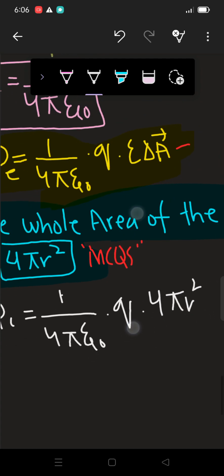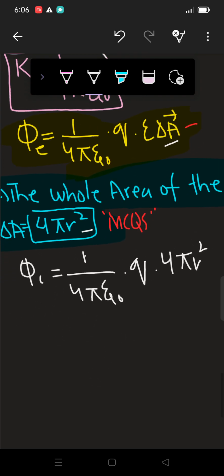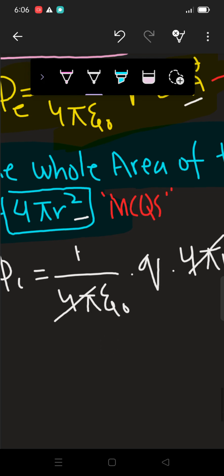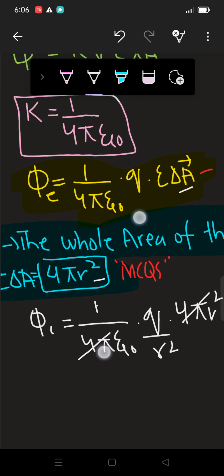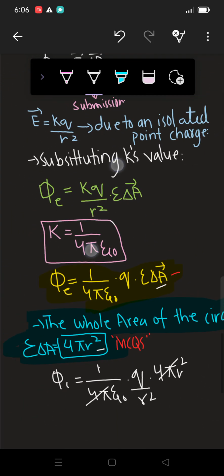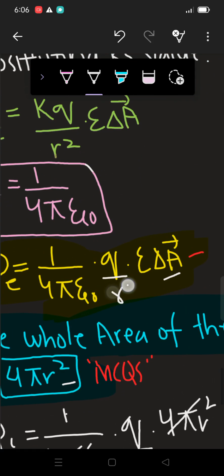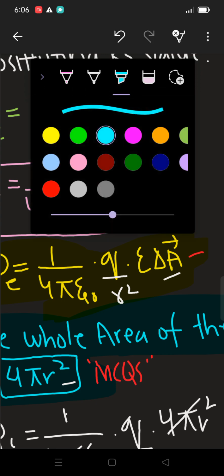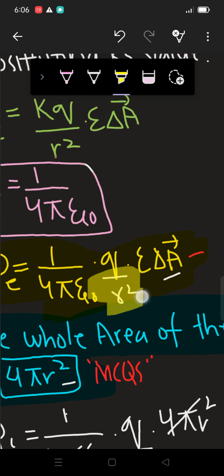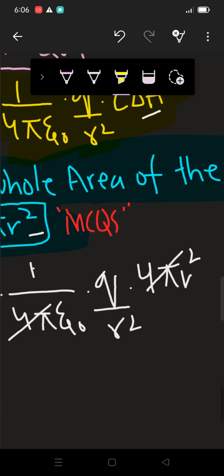Now see what is cancelling here. 4 pi cancels with this 4 pi. We also have r square in the denominator, which I just forgot to write. No worries. Now we have r square as well.